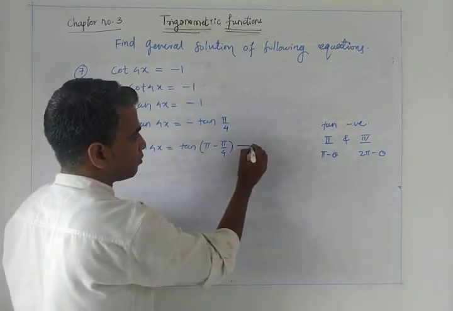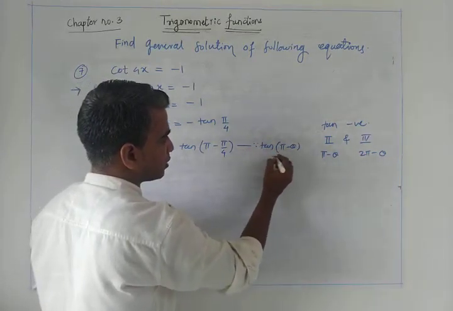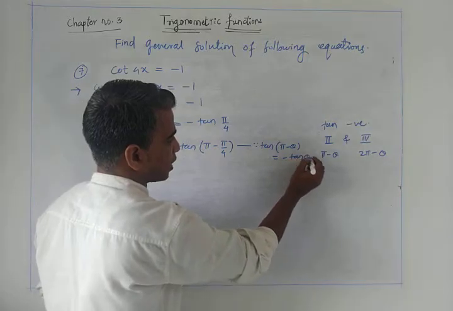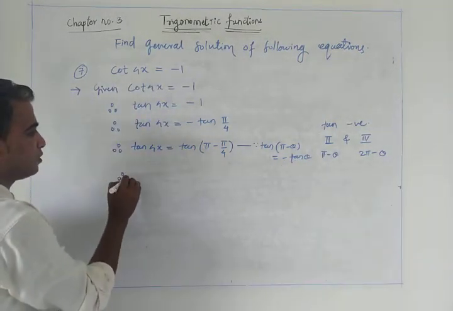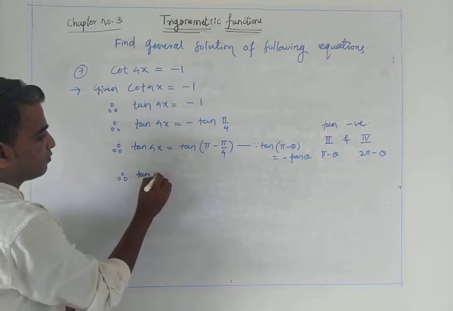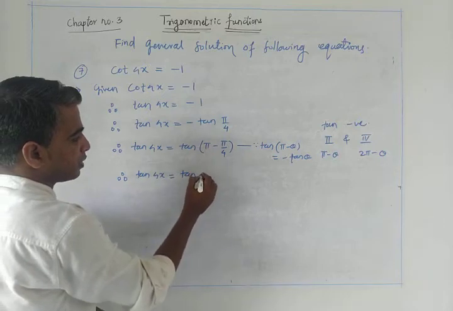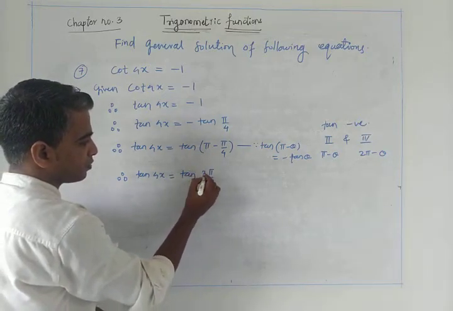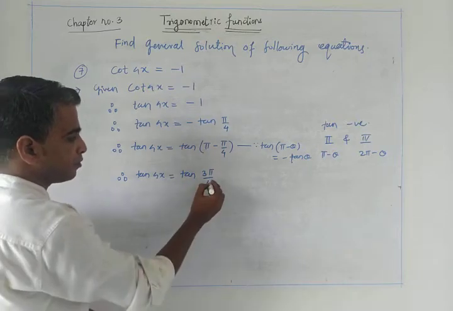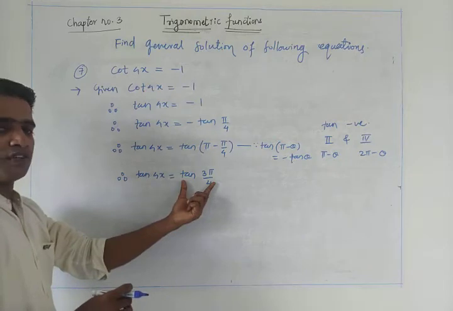We are going to use the formula tan of pi minus theta is equal to minus tan theta. Okay, now simplify it. So tan 4x is equal to tan of 4 pi minus pi over 4, that is 3 pi upon 4. Now we have the same type of function, tan, on both sides.